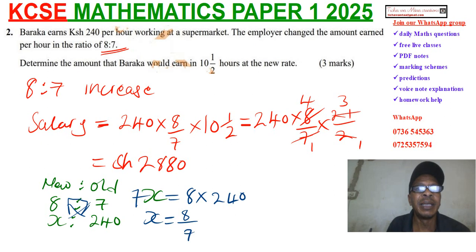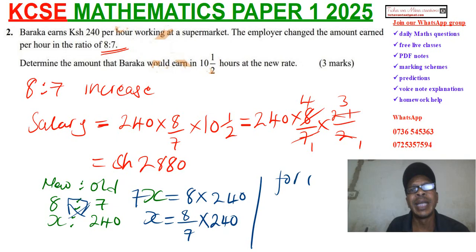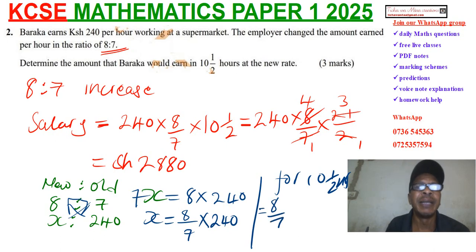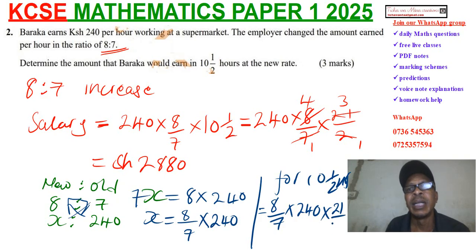8/7 multiplied by 240. And then for 10.5 hours, you just multiply, it means that you earn 8/7 multiplied by 240 multiplied by 10.5, which is 21/2, and that's the same answer.